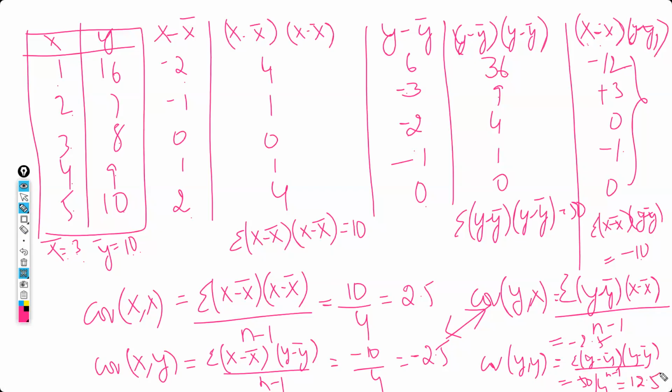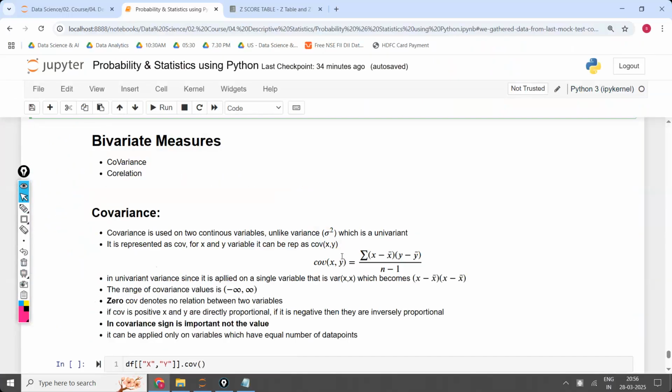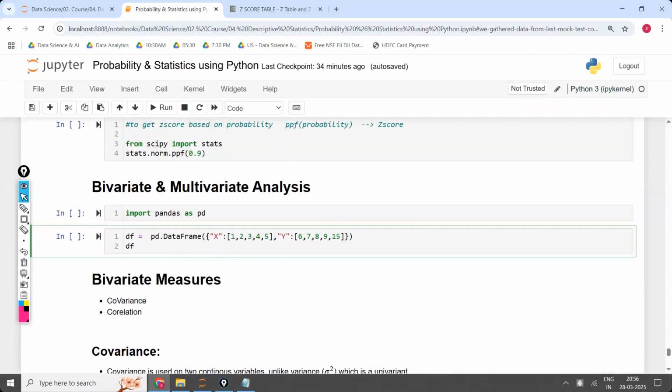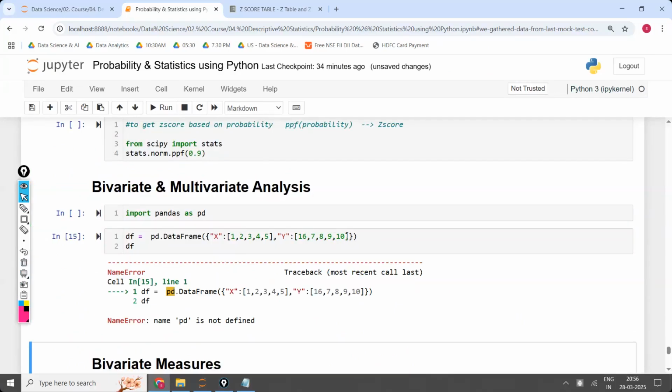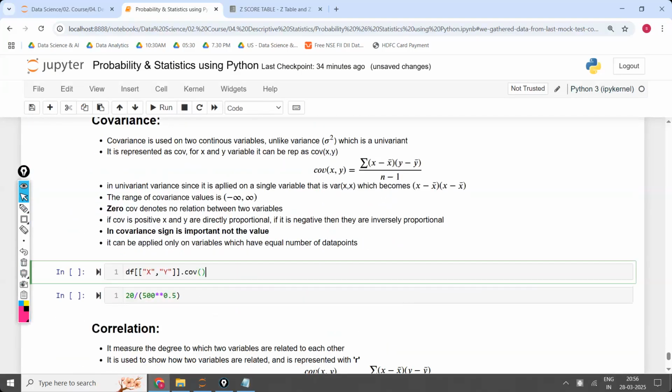Now this entire calculation, what I have done, is called covariance. Now here, if I take that same thing, what are the numbers I have considered? 1, 2, 3, 4, 5 and 6, 7, 9 and 10. These are the numbers, right? For these numbers, I'm applying the covariance by considering the two columns.